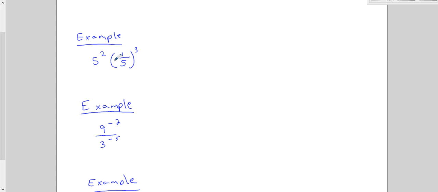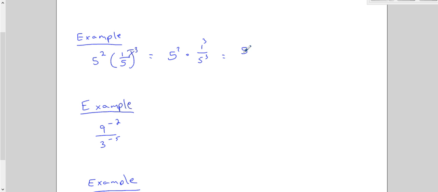Let's look at this example. 5 squared times 1/5 to the 3rd. Well, this 3 on the outside is going to distribute and affect both of those. I get 5 squared times 1 to the third over 5 to the third. 1 to the third is just 1, so I really don't need to write that exponent up there.